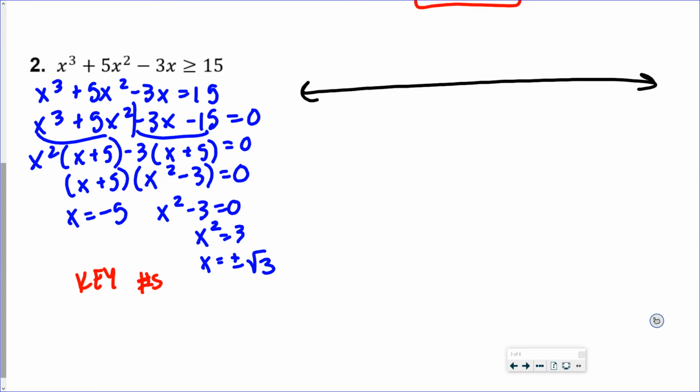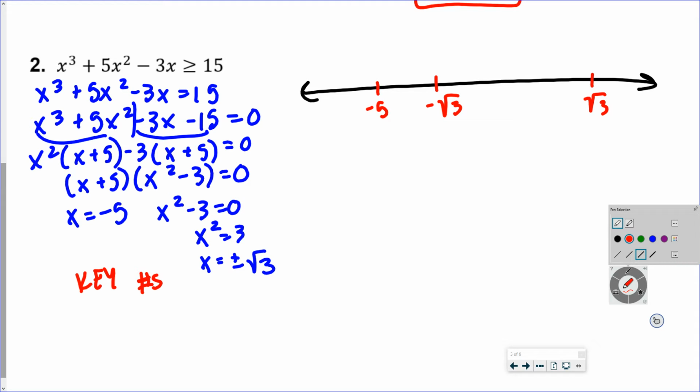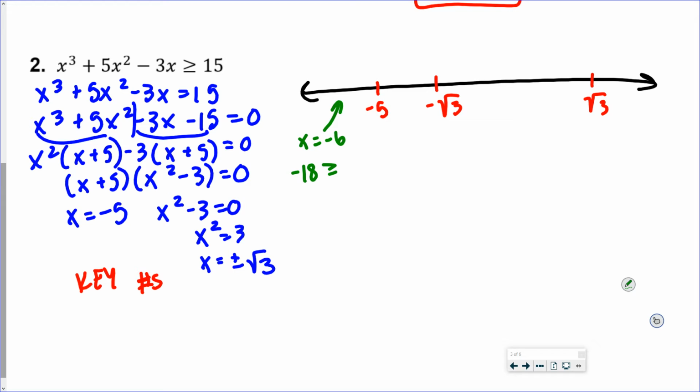To save time, I tested these for you. So you got -5, negative square root of 3, and square root of 3. Okay, so for this one I tested -6 and I got this statement. True or false?